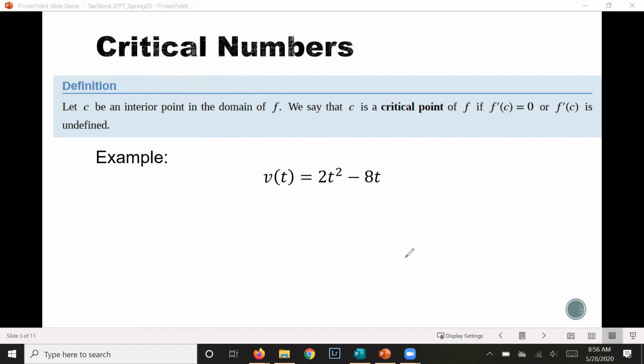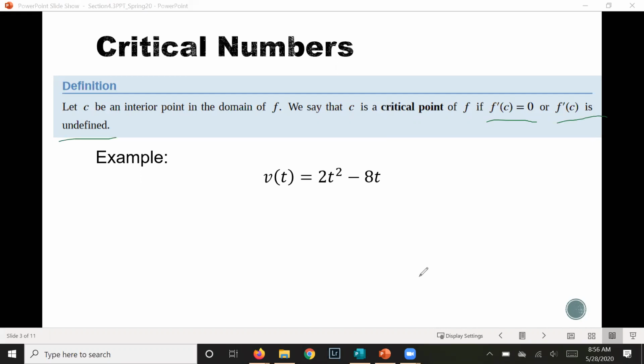So let C be an interior point in the domain of f. We say that C is a critical point, or a critical number, of function f if f'(c) = 0, meaning the derivative at that number is 0, or f'(c) is undefined.